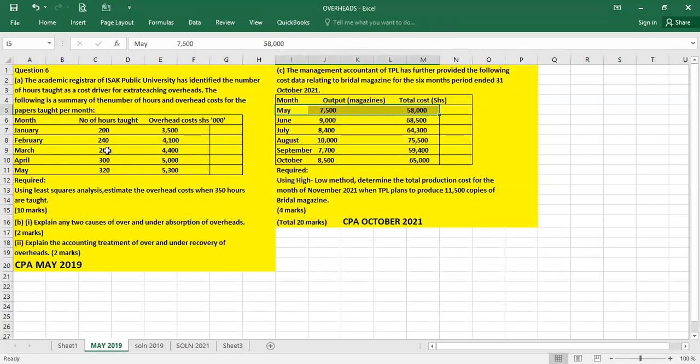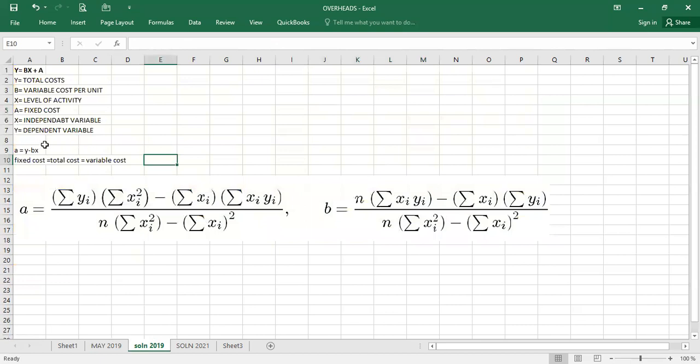The only way we can get that is to get the midpoint of these values, whereby we find the sum of this and divide by their number. This is 1, 2, 3, 4, 5. So when we get the total of this one, we divide by 5, and this one we sum up and divide by 5. That's how we get that.